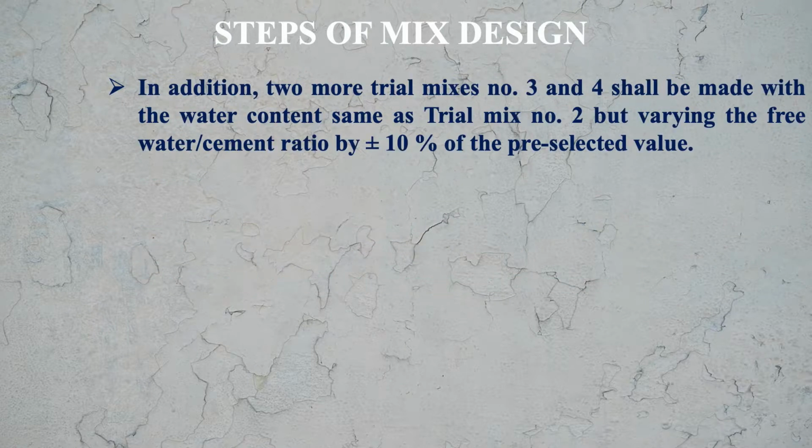In addition, 2 more trial mixes, number 3 and number 4, shall be made with the water content same as trial mix 2, but varying the free water cement ratio by plus minus 10% of the pre-selected value.